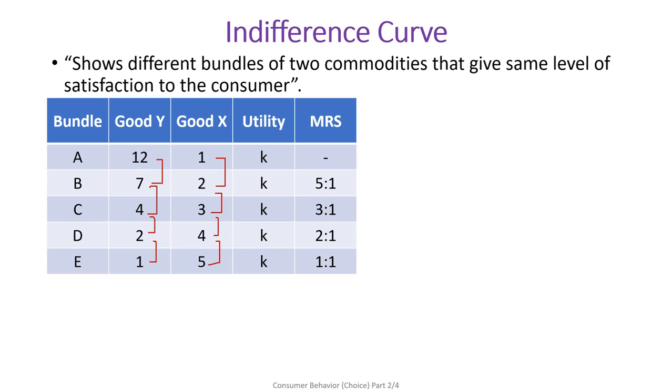Similarly, as we move to bundles D and E, the quantity of X will increase, therefore the importance of X will decrease, and the quantity of Y will decrease, therefore its importance will increase, and we shall not be ready to sacrifice so many units of Y for 1 unit of X.